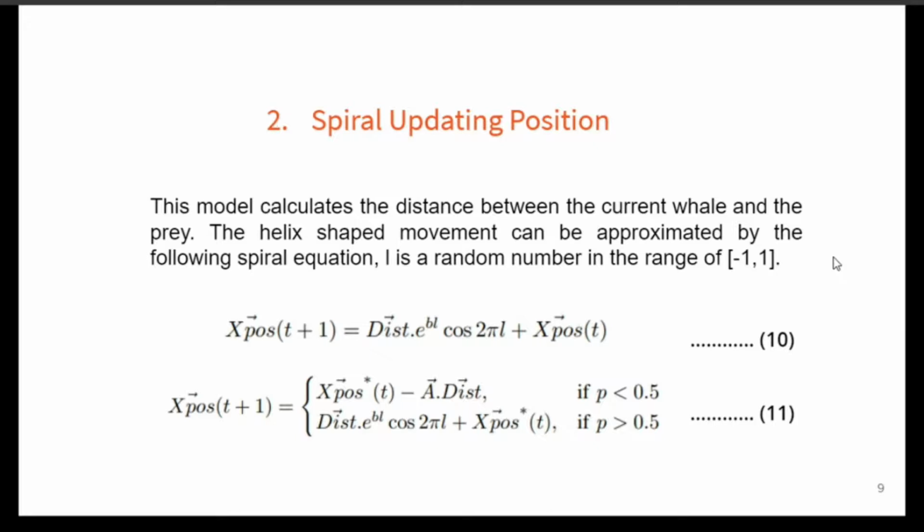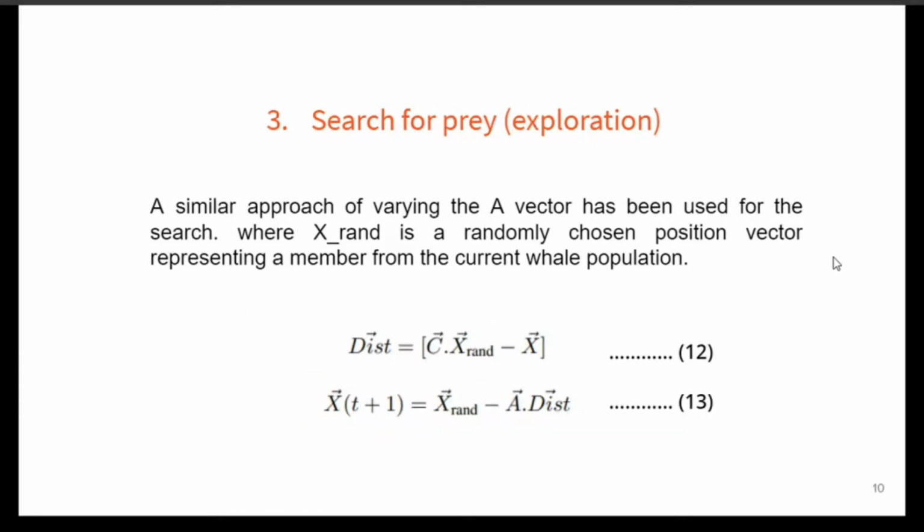Here, P is a variable randomly chosen between 1 and 0 and is useful for switching between either the shrinking encircling model or spiral updating position. Apart from the bubble net strategy, the humpback whales also search for prey randomly as shown in the following set of equations. Ultimately, the WOA algorithm is terminated when the criteria is reached.